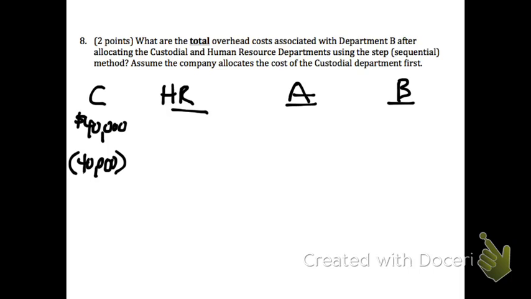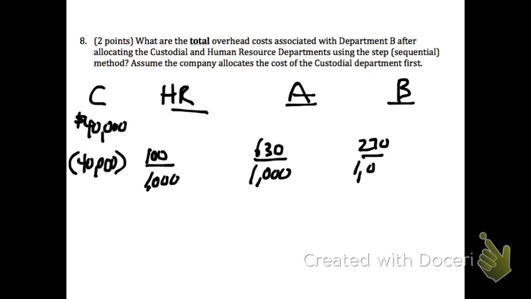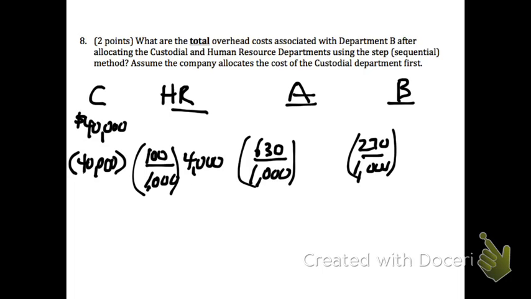Again, that's based on machine hours. So now we need to know the machine hours in human resources, in Department A, and Department B. Our ratio now is over 1,000. So 10%, 63%, and 27%. Human resource will get 10% of that, or 4,000.